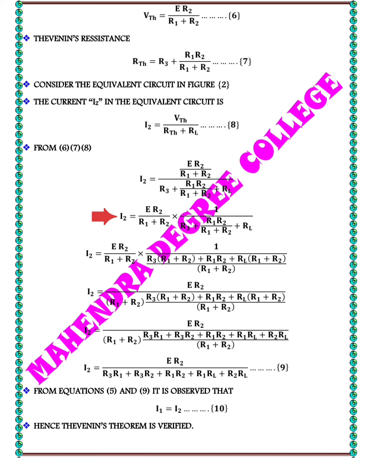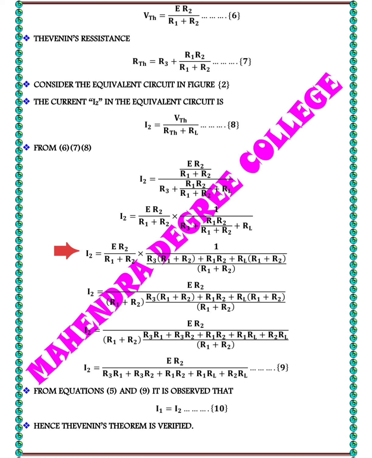I2 equals ER2 by R1 plus R2 into 1 by R3 plus R1 R2 by R1 plus R2 plus RL. Now, the division becomes multiplication with the reciprocal of the denominator.